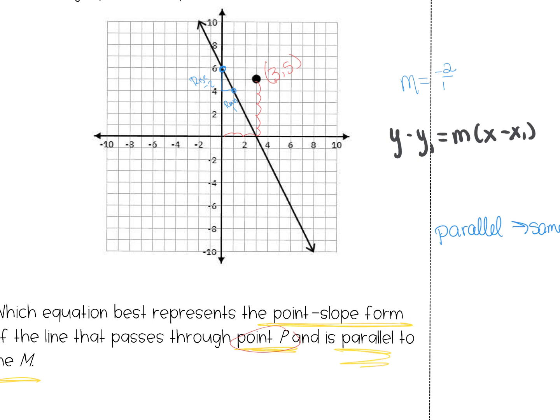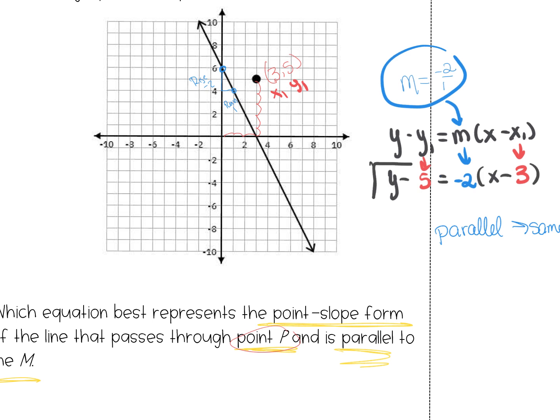Well, here is my m. So m is -2, or -2 over 1. This point is x1, y1. So x1 is 3 and y1 is 5. And then I just copy down y minus, my equal sign, x minus. And there is your answer.